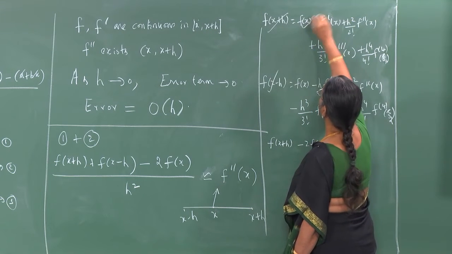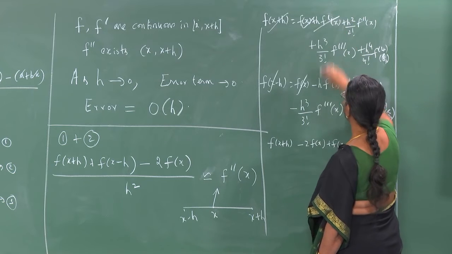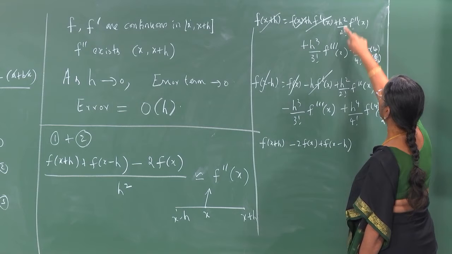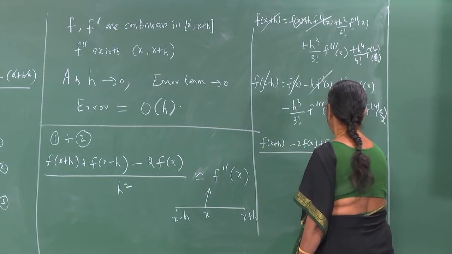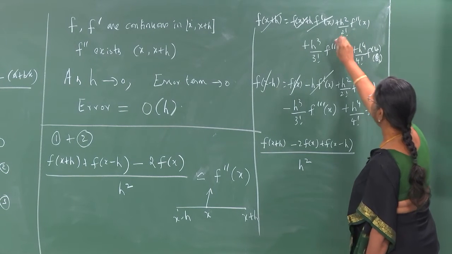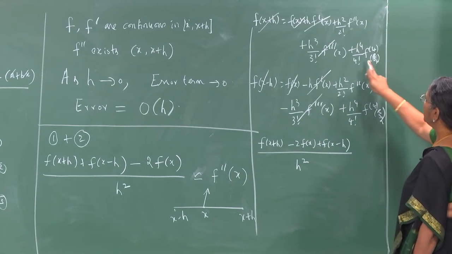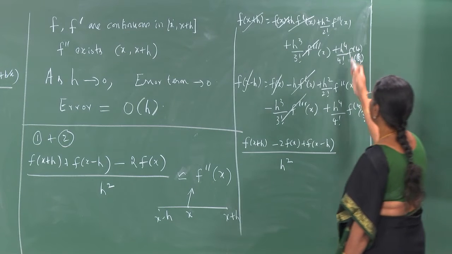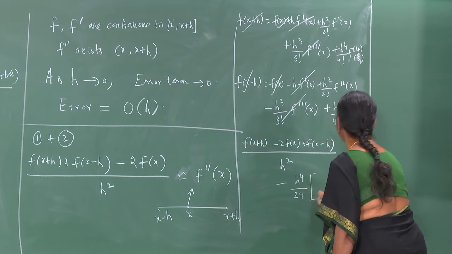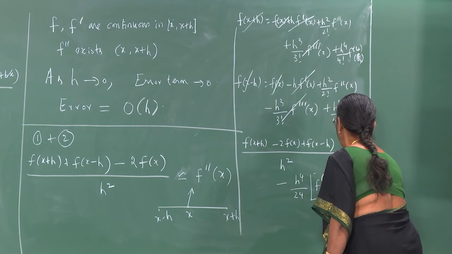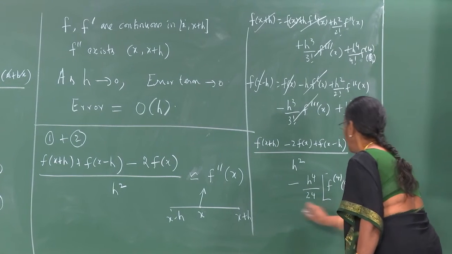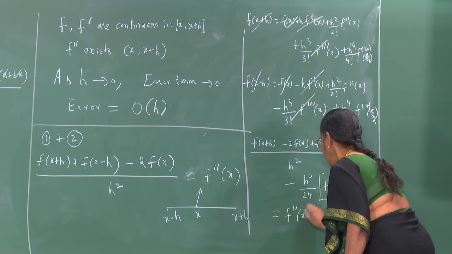So, we observe that when we add, this term cancels with this, and then we get h square f double prime x. So, I divide by h square, and then when we add, these two terms cancel, and these two terms give you minus h power 4 by 24 into the fourth derivative at psi 1 plus the fourth derivative at psi 2, and that is f double prime at x.